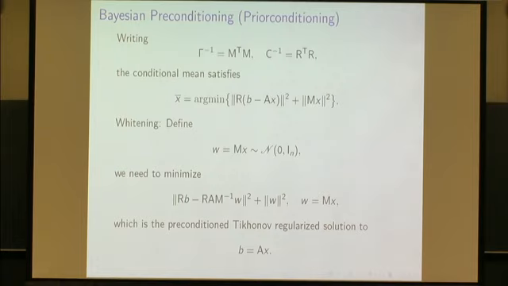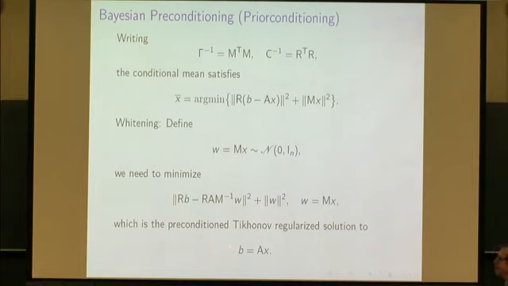We solve for X and plug X into this expression, and so we see that the minimization problem is the norm of RB minus RAM inverse W squared plus the norm of W squared, where W is MX. If you look at this formula now, you can interpret it as a Tikhonov regularized solution to B equals AX with preconditioners.